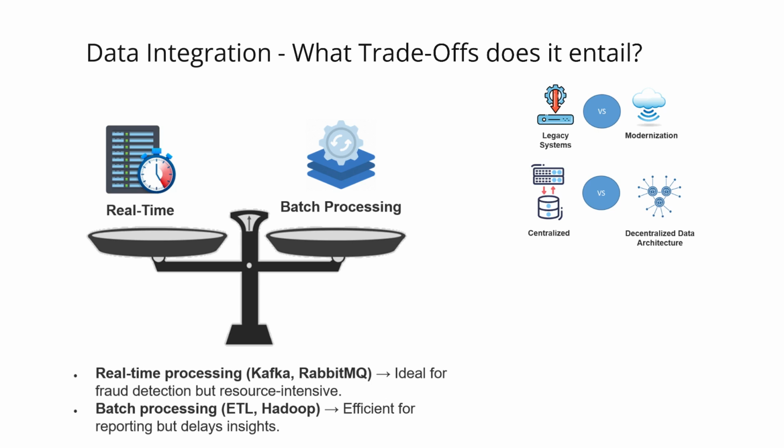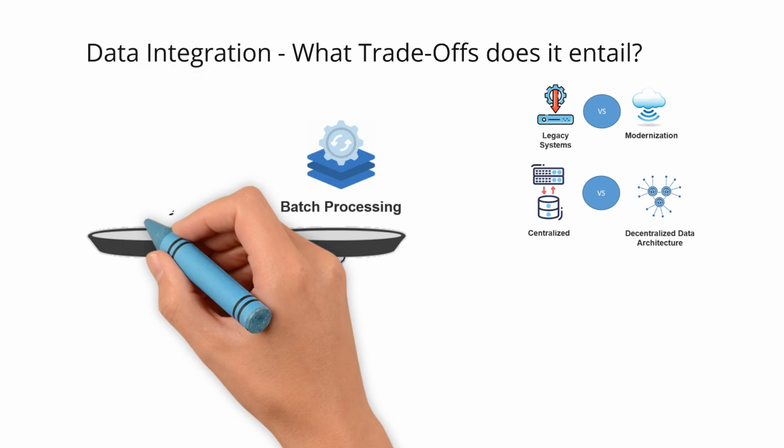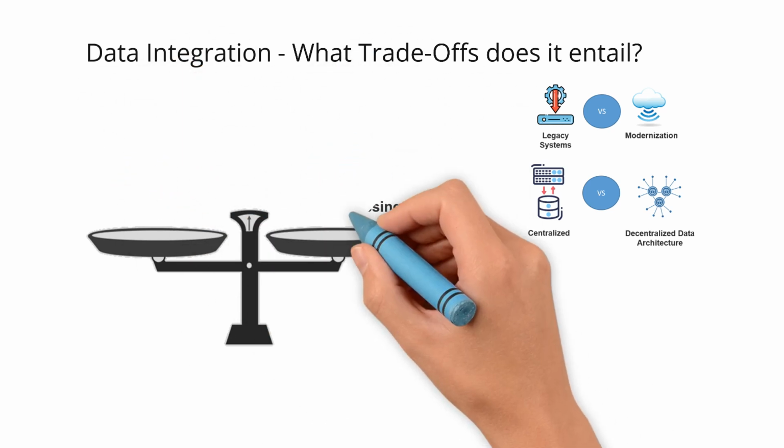Batch processing like ETL jobs or Hadoop are more efficient for regular reporting, but it doesn't give you instant insights. What is the ideal solution? Go event-driven for real-time tasks and keep batch jobs for things like reports and scheduled updates. It's all about picking the right tool for the right job.